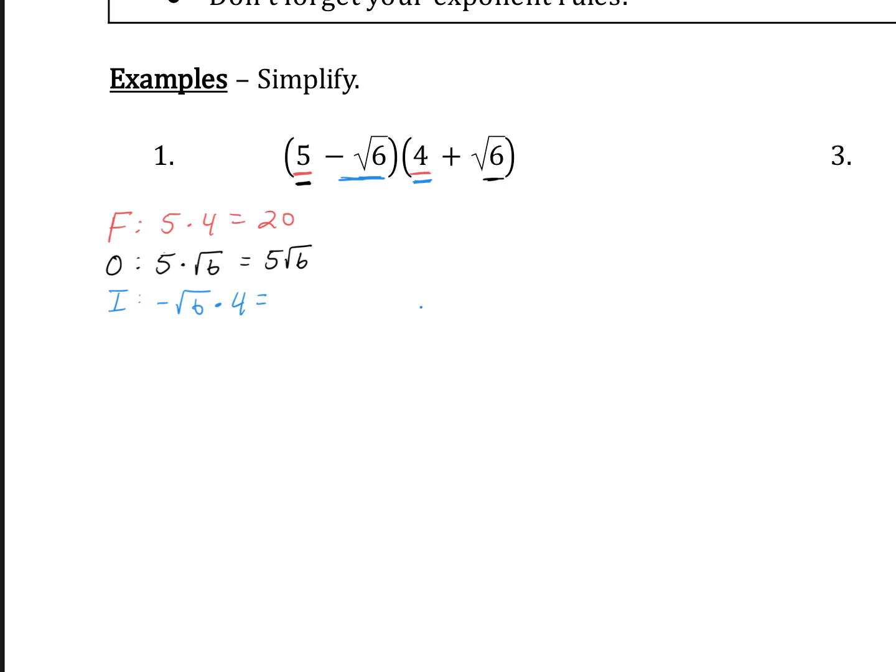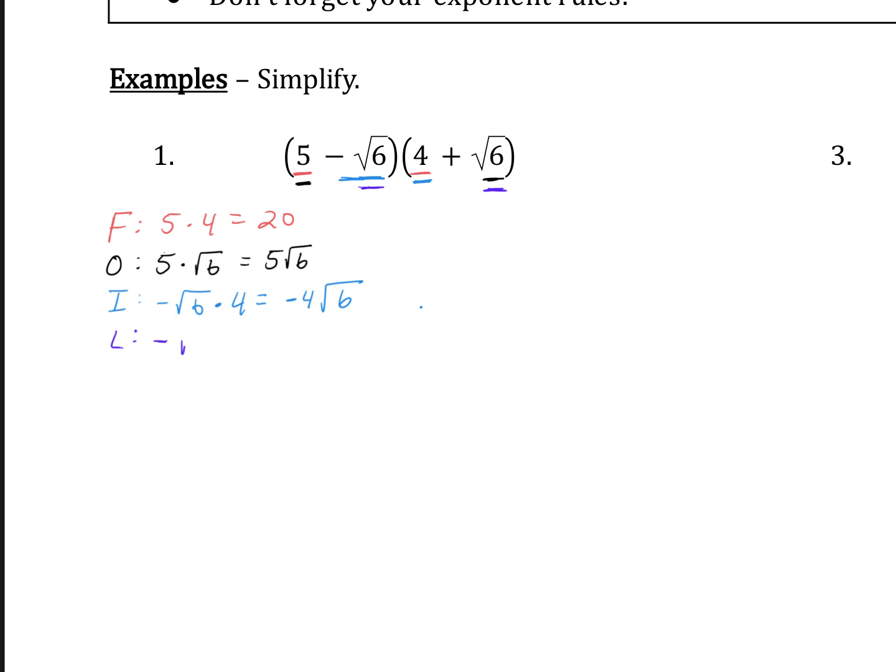And then I'm going to take the negative 1 and multiply it to 4 because 4 is an outside. And because 4 does not have a radicand, it's like saying 4 times square root of 1. And so we are just left with negative 4 root 6. Squish those together.